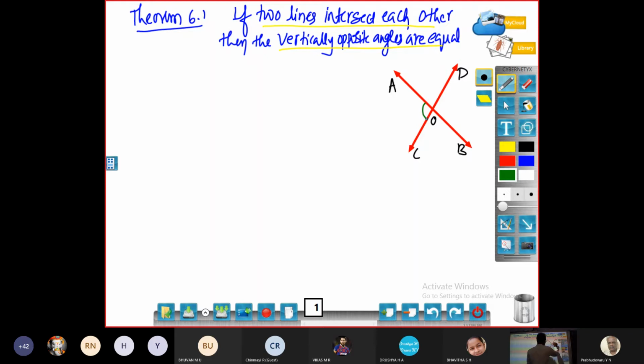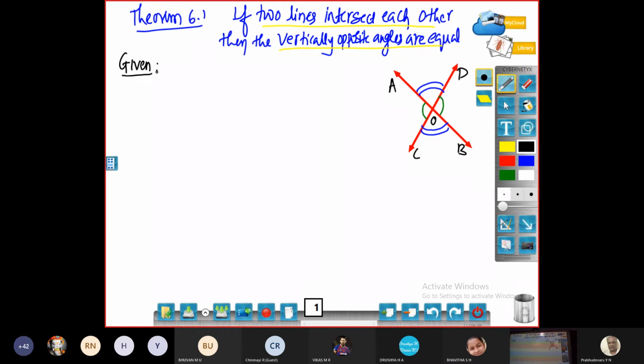You can take AOC and BOD as vertically opposite angles. Another pair is AOD and BOC. We have to prove that these two pairs of angles are equal. So let us write what is given now. Given.